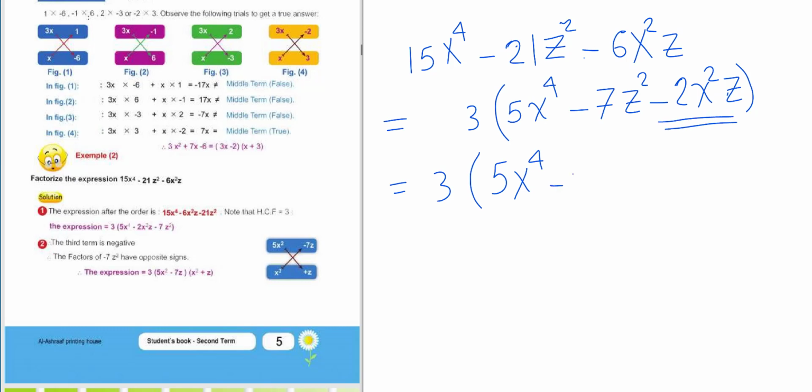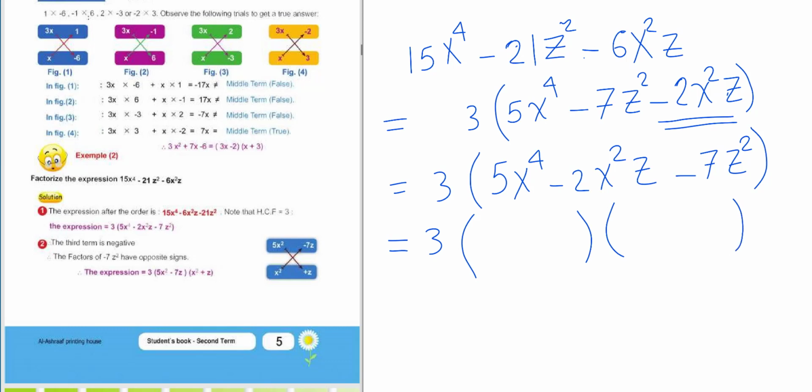This is the middle term, negative 2x²z, and the third term is negative 7z². After that, factorize the quadratic trinomial into brackets.